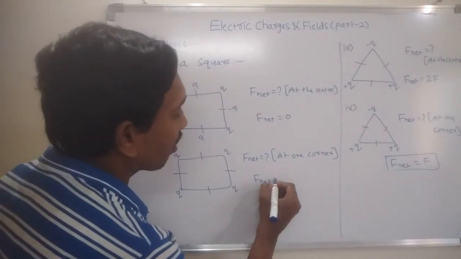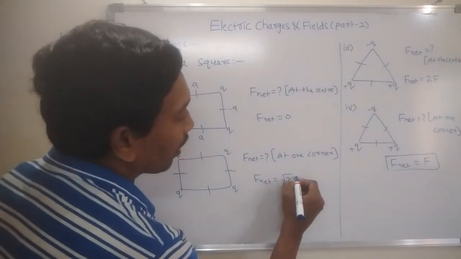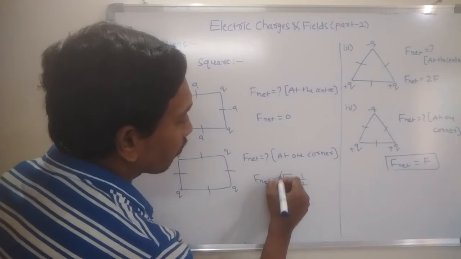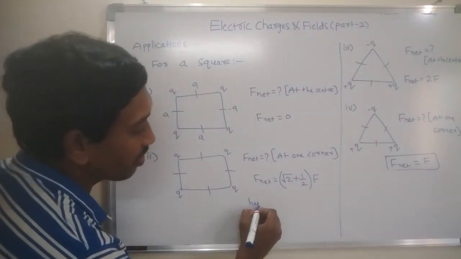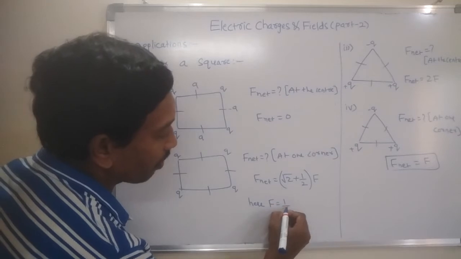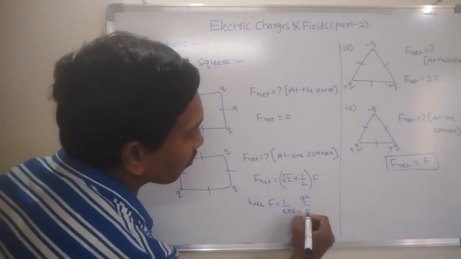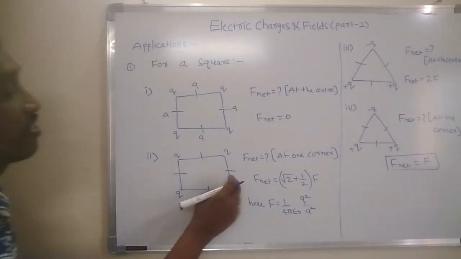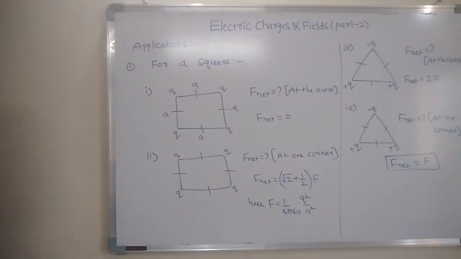Resultant force at one corner is (root 2 plus 1 by 2) whole into F, where F is equal to 1 by 4 pi epsilon naught into Q square by A square. This is the expression for resultant force at one corner of a square.